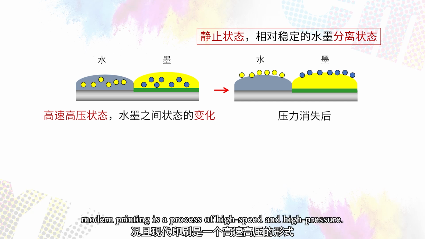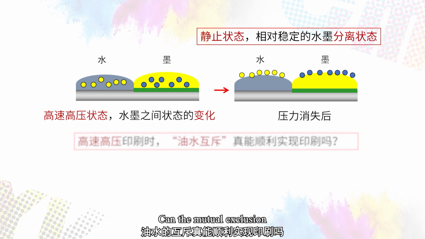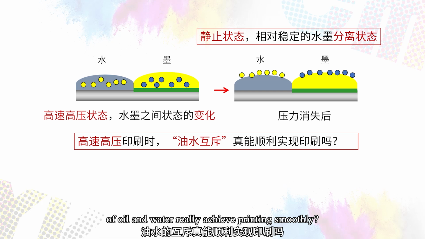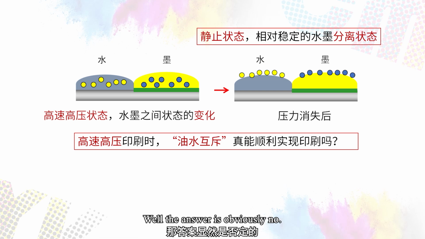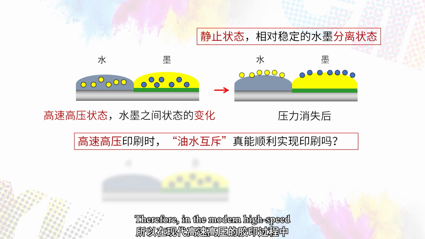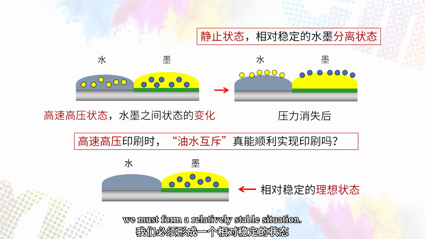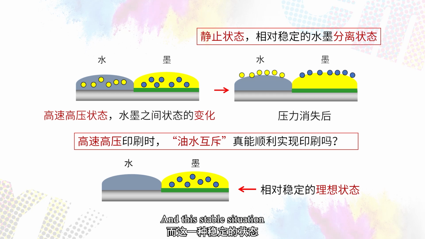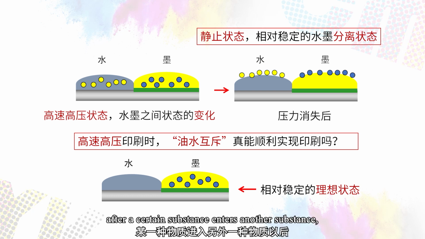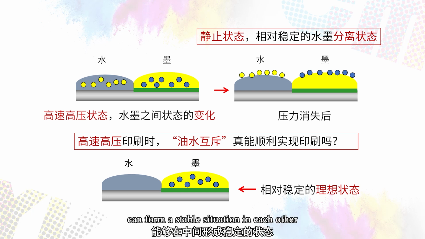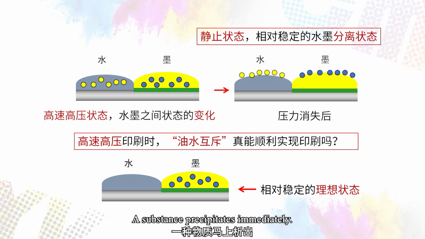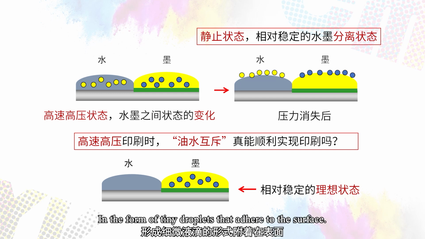What's more, modern printing is a process of high speed and high pressure. In such a situation, can the mutual exclusion of oil and water really achieve printing smoothly? Well, the answer is obviously no. Therefore, in the modern high-speed and high-pressure offset printing process, we must form a relatively stable situation. This stable situation means that after a certain substance enters another substance, it can form a stable state in each other, rather than, as we mentioned earlier, a substance precipitating immediately in the form of tiny droplets that adhere to the surface.